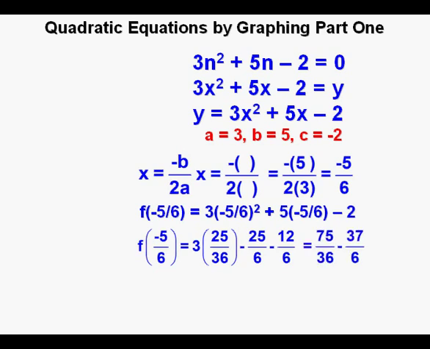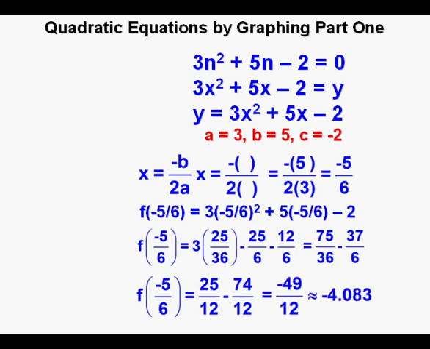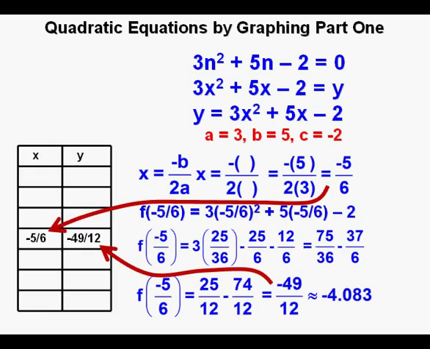And using a common denominator of 12, we have f of -5/6 equals 25/12 minus 74/12, which equals -49/12, or approximately -4.083. And we place these values in the center of our table.